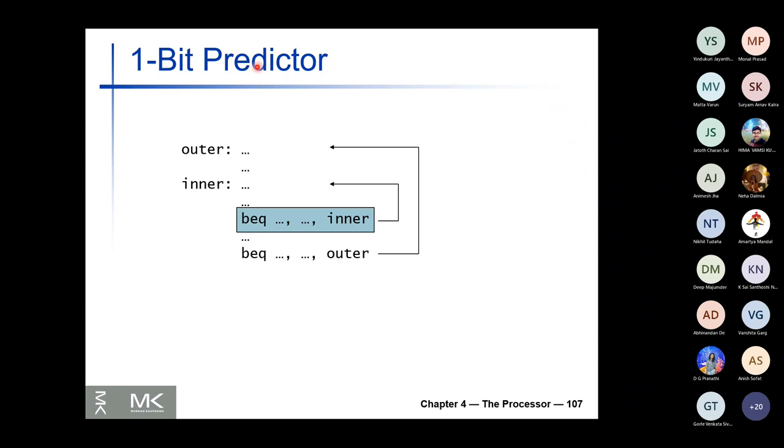So suppose we assume that I have a 1-bit predictor. Initially I set the branch to not taken. And if the branch is taken at runtime, then I will flip my prediction bit. I will flip my prediction status and I'll follow the prediction next time when that branch is encountered.